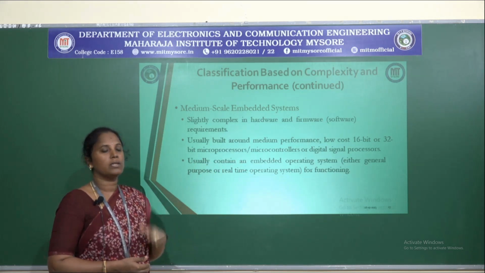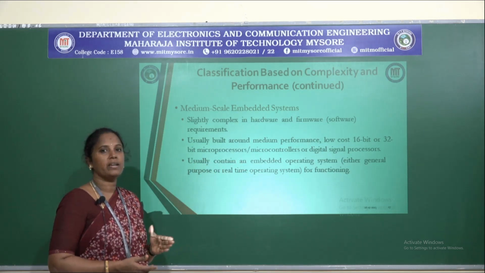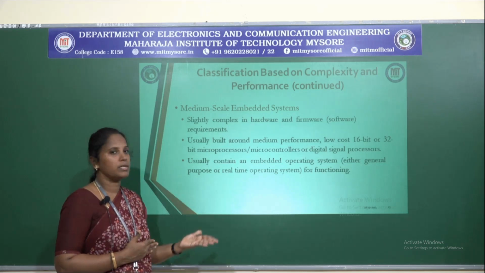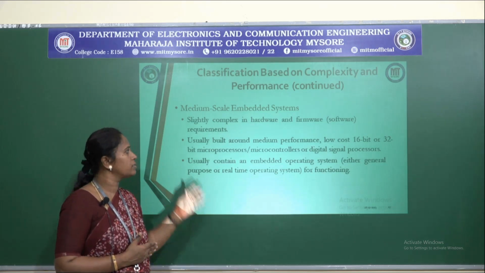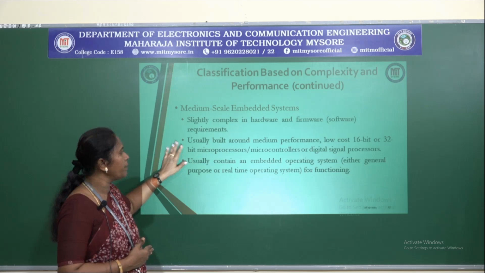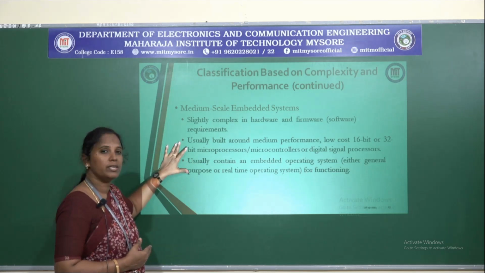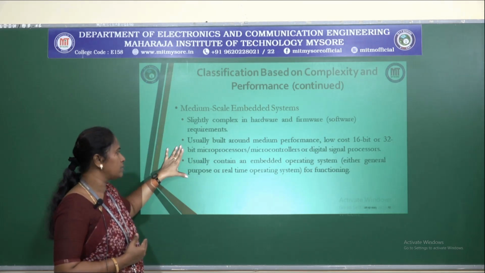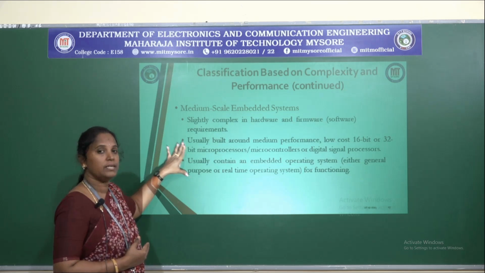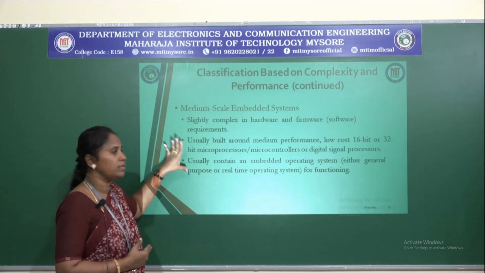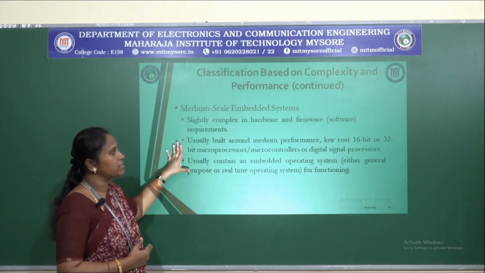Here faster processors like digital signal processors came into existence in the medium scale. And also the embedded operating system which performs its operation in real time came into existence in the medium scale embedded system.